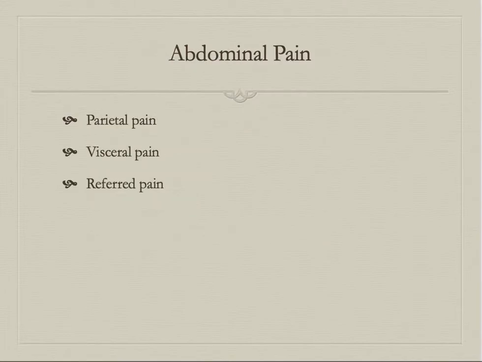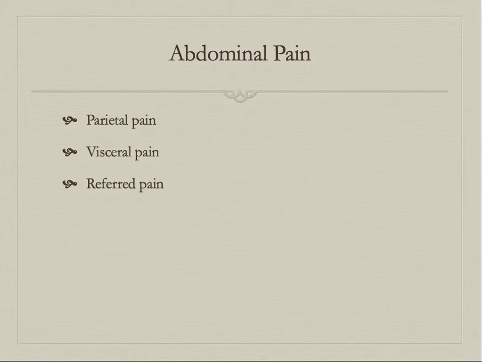All right, abdominal pain. Remember, we've got a few types of pain. We're going to talk about parietal versus visceral pain. Remember that visceral pain is that organ pain that you can't really say, oh, my liver hurts or my large intestine hurts. Visceral pain is usually referred, and that means that you feel it somewhere else.